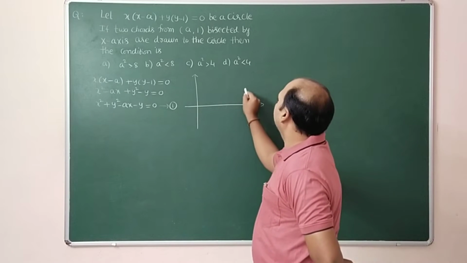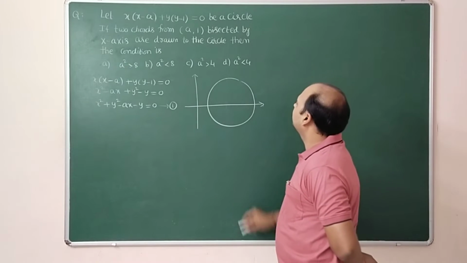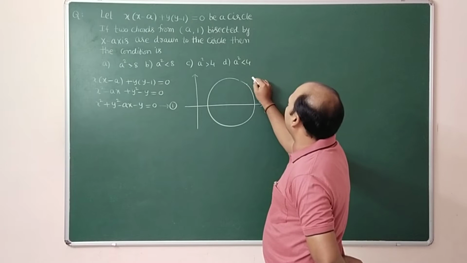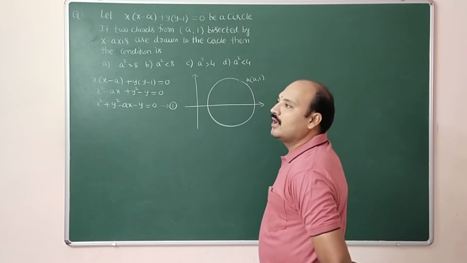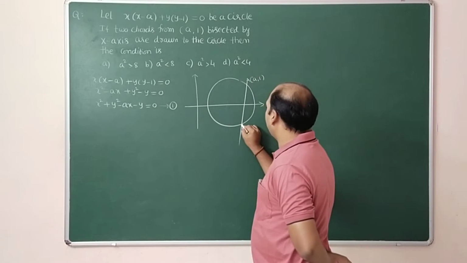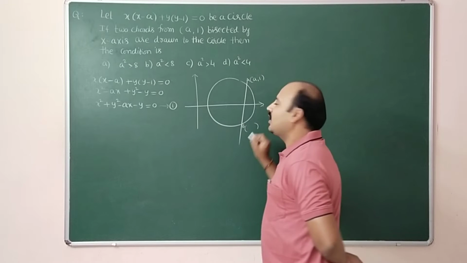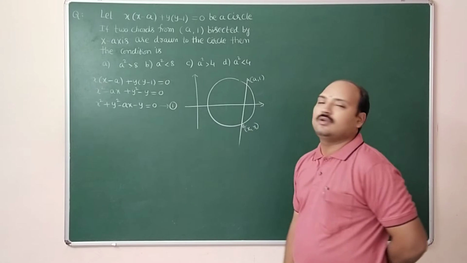this is the circle, a rough figure. Here I am taking (a, 1), some point, that I am assuming as the chord's endpoint. So this is the chord. Another point we don't know, we are assuming that point as (x1, y1).